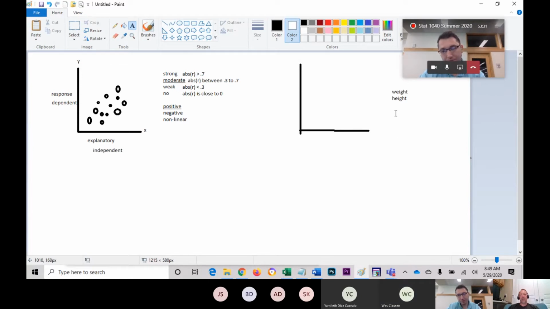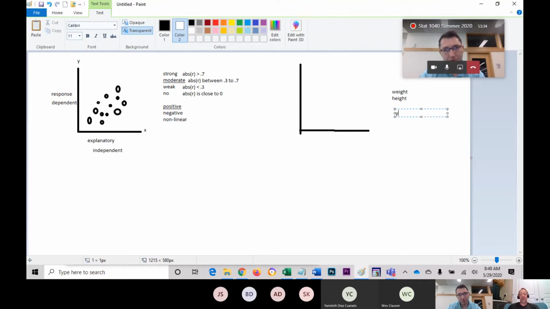Now, would it be positively correlated or negatively correlated? Positively, probably. We haven't decided which one's the independent or dependent variable yet, but you would think that as people get taller, their weight would probably go up, right?